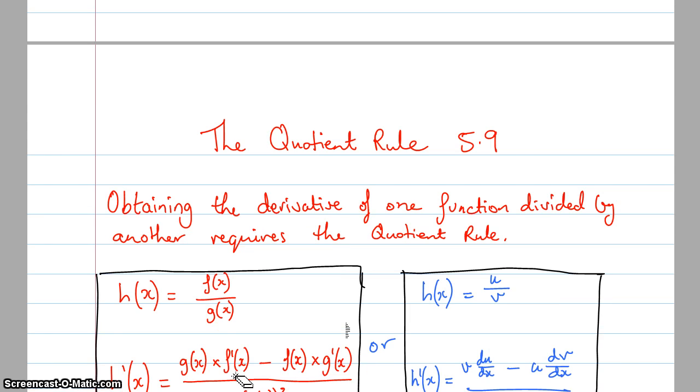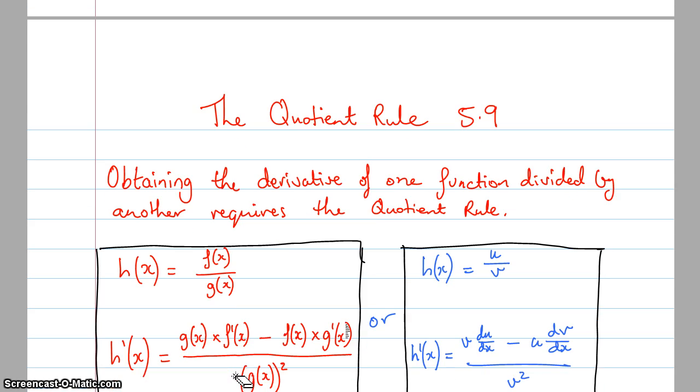The quotient rule is actually this: g of x multiplied by f dash x minus f of x multiplied by g dash x, all over g of x squared. Or another way of doing that is if u and v are just functions of x, the rule would be v multiplied by du dx minus u multiplied by dv dx, all over v squared.